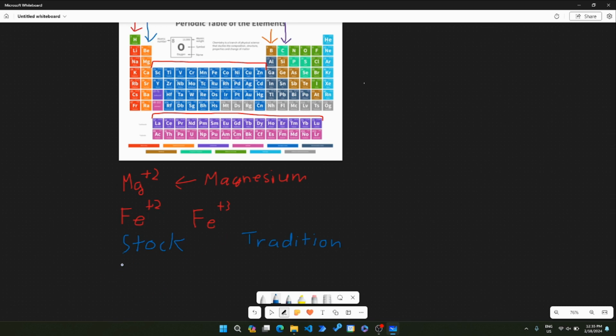With the stock system, you simply write down the name of the element, in this case iron, we're using iron as our example, followed by the charge of the ion as a Roman numeral in parentheses. So iron(II) is this right here, Fe +2, and it's said that way, iron two. And if we're talking about Fe +3, it would be iron three.